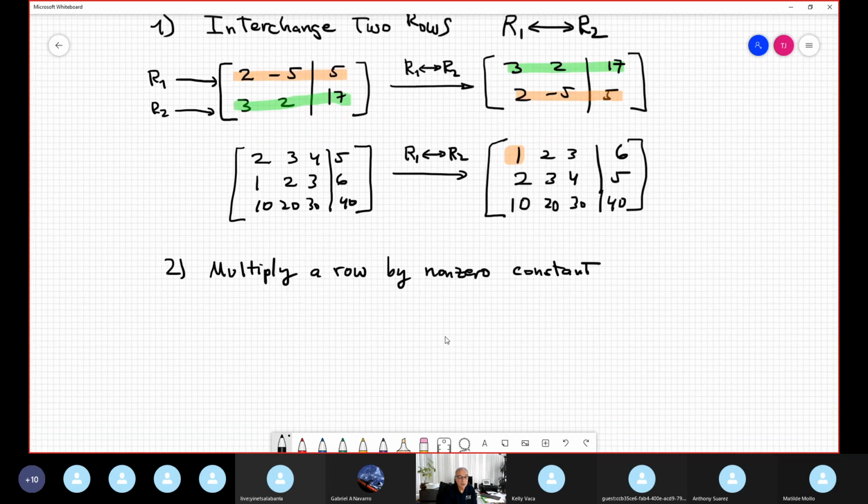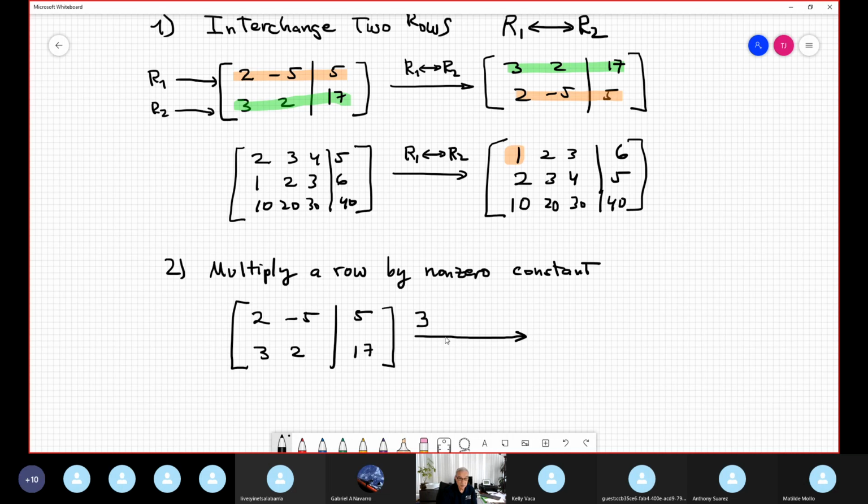Easy, no big deal, not complicated. 2, negative 5, 5, 3, 2, 17. And you make a decision to perform that operation. So let me try to explain the notation.